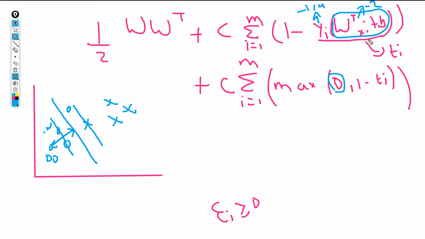But if it is less than 1, let's suppose it is -0.8, so -0.8 is multiplied with -1, it is going to be 0.8. When we are talking about the distance, this is 1 unit, and we are talking about 0.8.